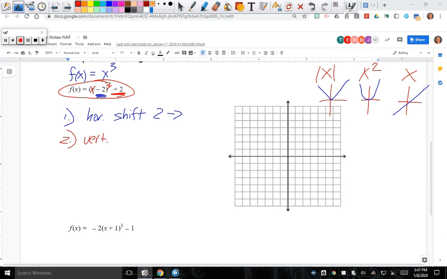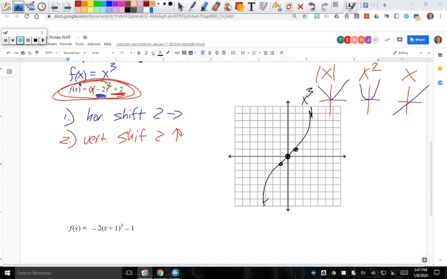Vertical shift upward. Yeah, vertical shift 2 up. So now I'm going to take my default basic 1, 1, negative 1, negative 1, and 0, 0 x cubed function. This is me. And I'm going to transform this into my son. Okay? So my son is this one right here.